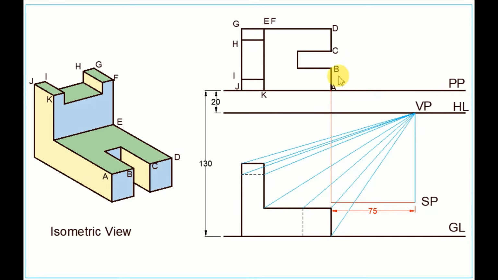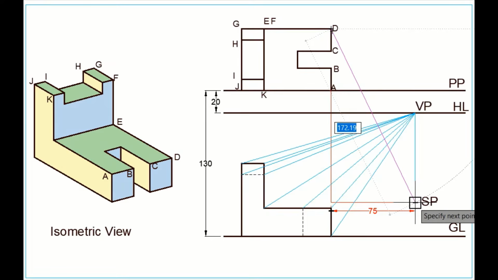Now we need to look for all those points in the top view which do not lie on the picture plane. For example, points B, C, D, E, F, G, H, I. All these points in the top view do not lie on the picture plane line. So for such points we need to find the piercing point. The piercing point for, let us say, point D is obtained by connecting this point D with the station point.